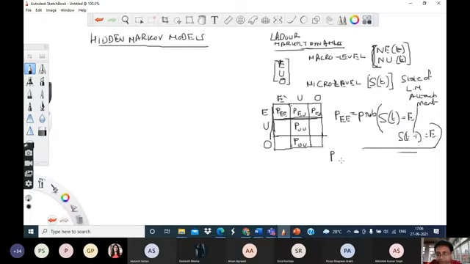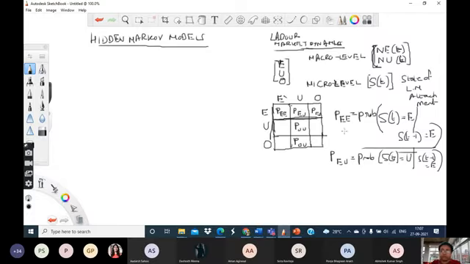Similarly, P_EU means the probability that S_t is equal to U, given S_{t-1} is equal to E. That means: given the particular person was employed in time t minus 1, what is the probability that they will lose their job in time t, and so on.